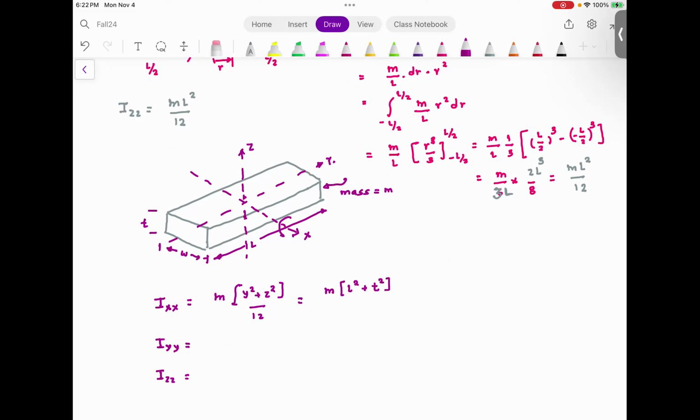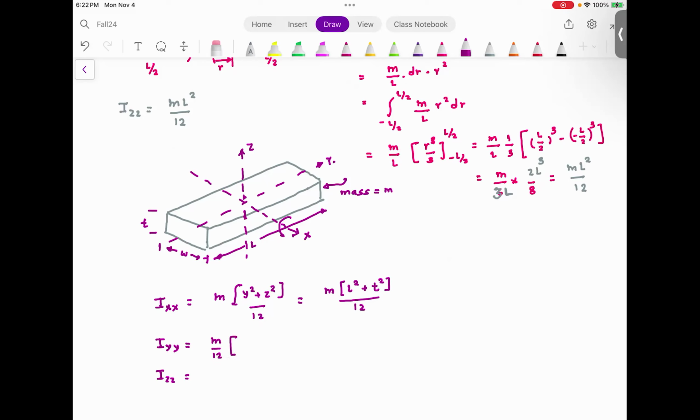So the mass moment of inertia of this rod about x is m times (L square plus t square) divided by 12. Iyy is m divided by 12.